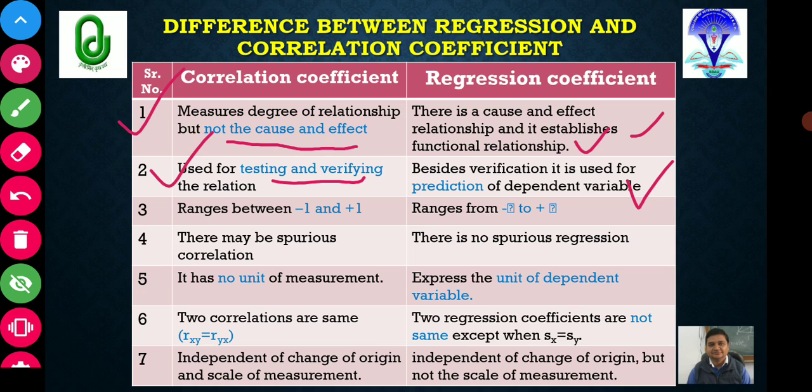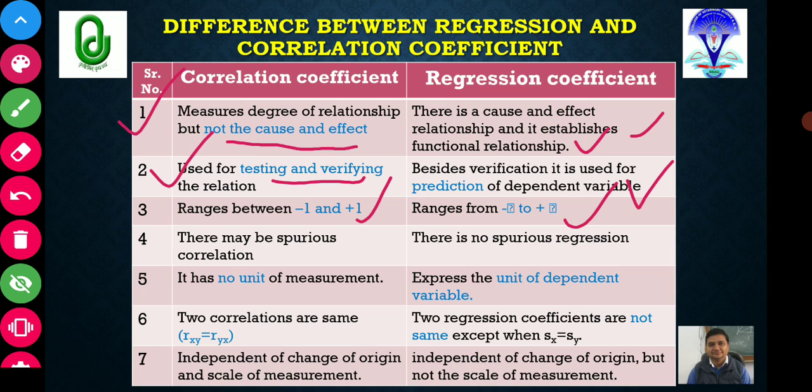Now, the correlation coefficient ranges from -1 to +1, whereas the regression coefficient ranges from -infinity to +infinity. That means the regression coefficient value can be anything.